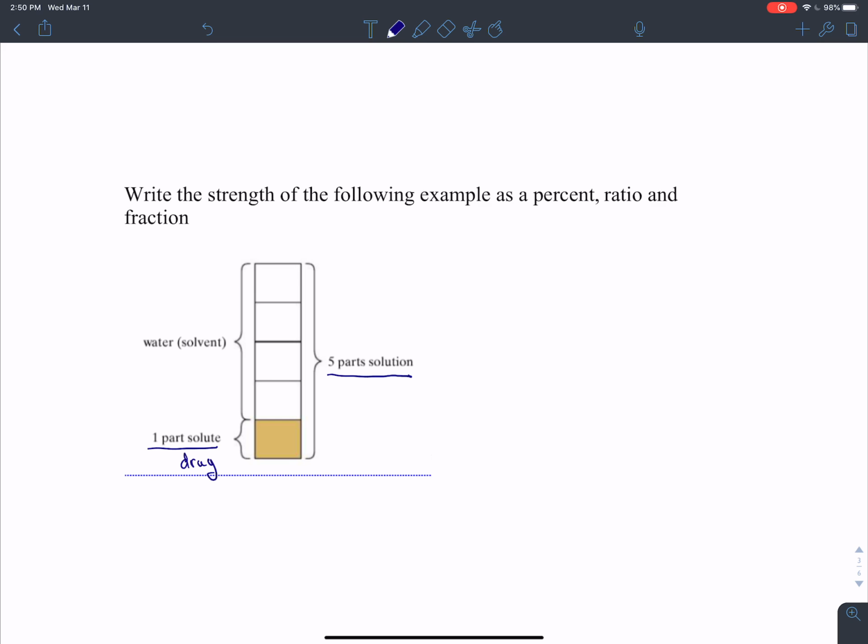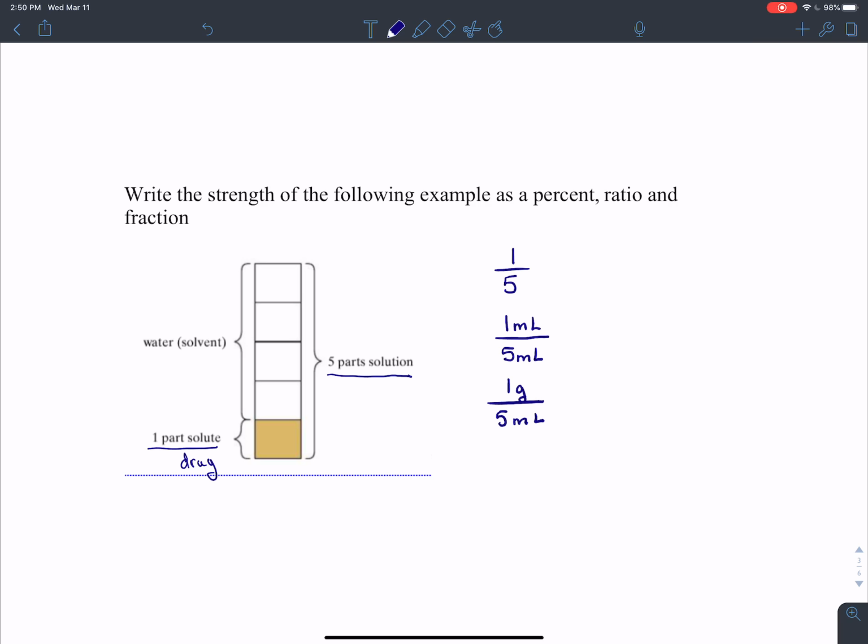So if we were trying to write this, I'll write it as a fraction first, we would write it as 1/5. Now they don't tell us about the drug, whether it's a solid or a liquid, so we could write it as 1 milliliter over 5 milliliters, or we could write it as 1 gram over 5 milliliters.